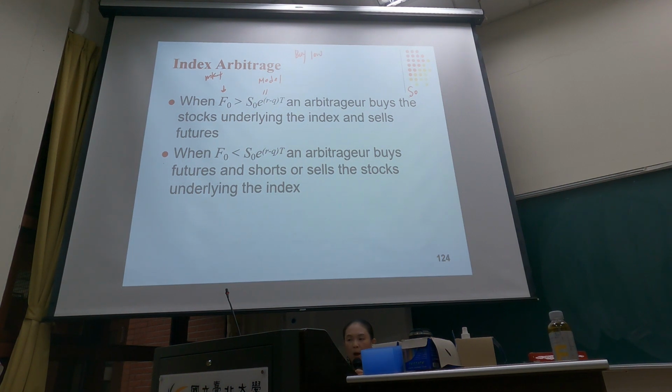Write down the principle: buy low, sell high. You buy the spot and sell the futures. On the other hand, when the market price is lower than the model price, you buy the futures and sell S0. Don't forget, you are not selling the theoretical model, you sell S0. That's our arbitrage principle.